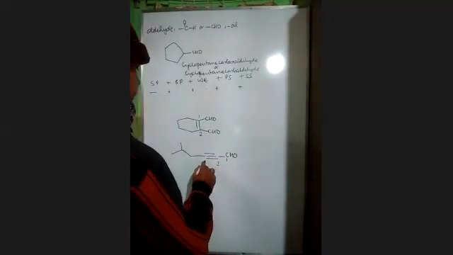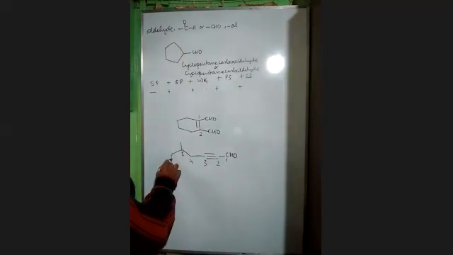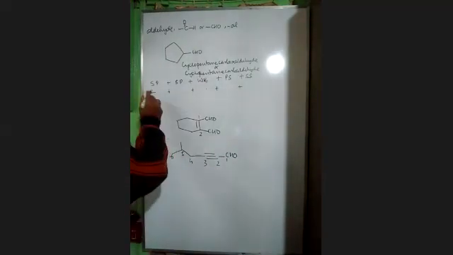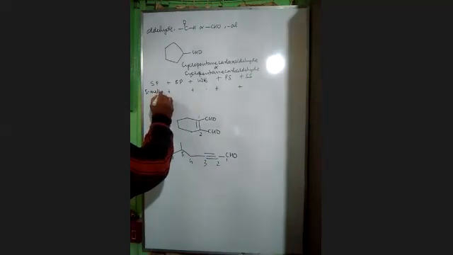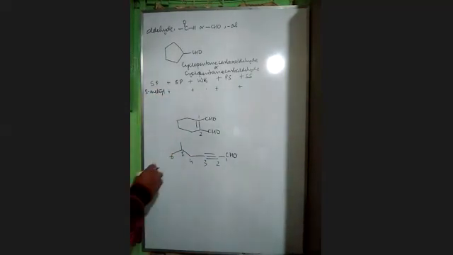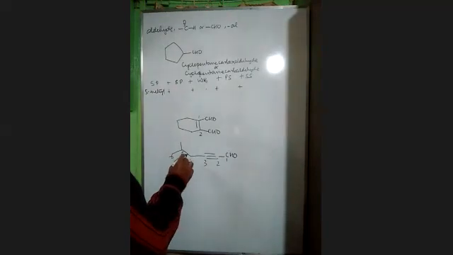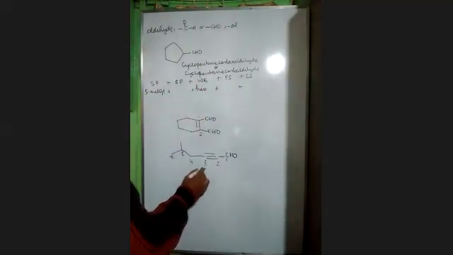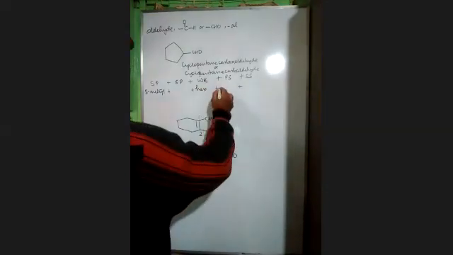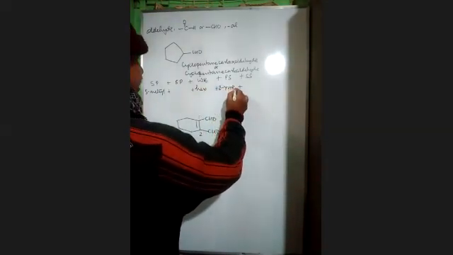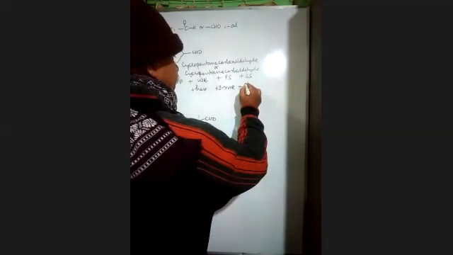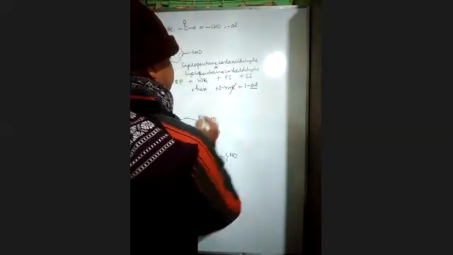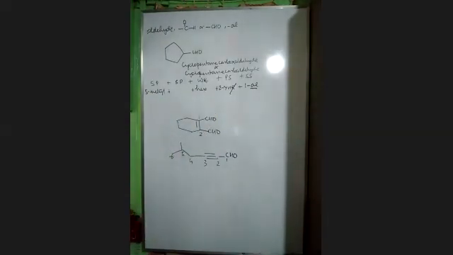See, it is in the main chain. So it will be 1, 2, 3, 4, 5, 6. Then you have a triple bond here, 2-yne, and here is the main chain. So in that case, you have to write 1. So write down them.